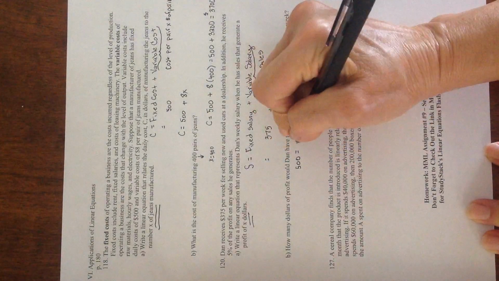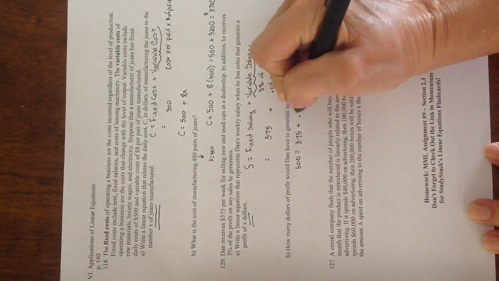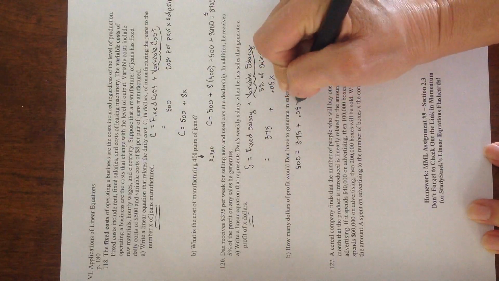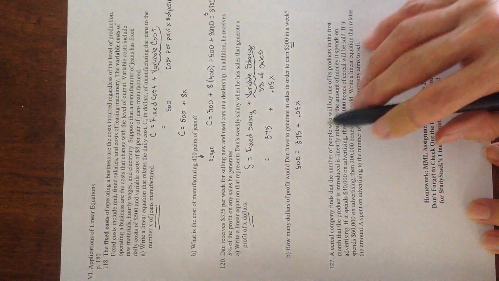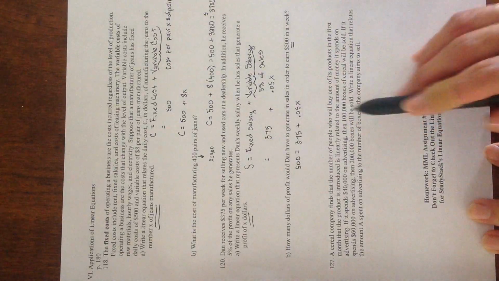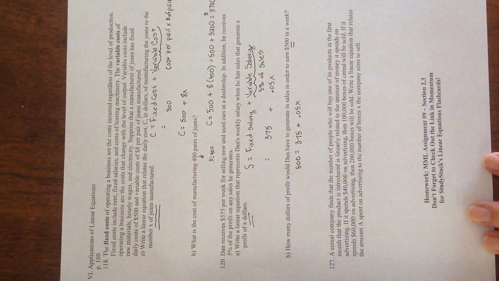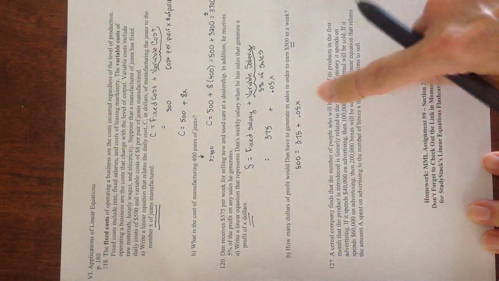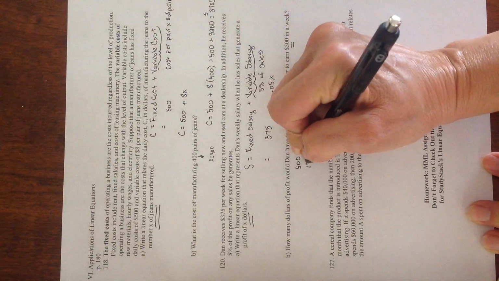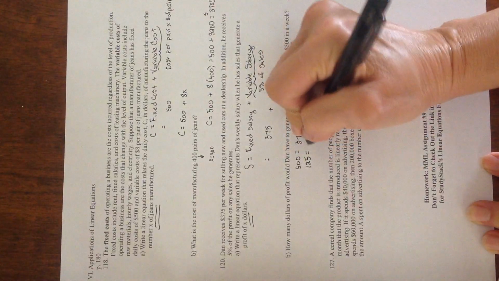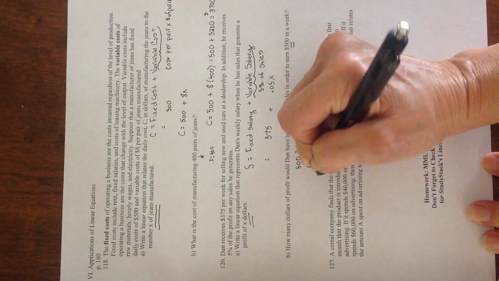His fixed salary is still $375, and he gets 5% of any sales that he generates, or the profit from those sales, so 0.05x. And we're solving for x, which is the profit in dollars from his sales. To solve that for x, all I need to do is subtract 375 from both sides and divide both sides by 0.05.